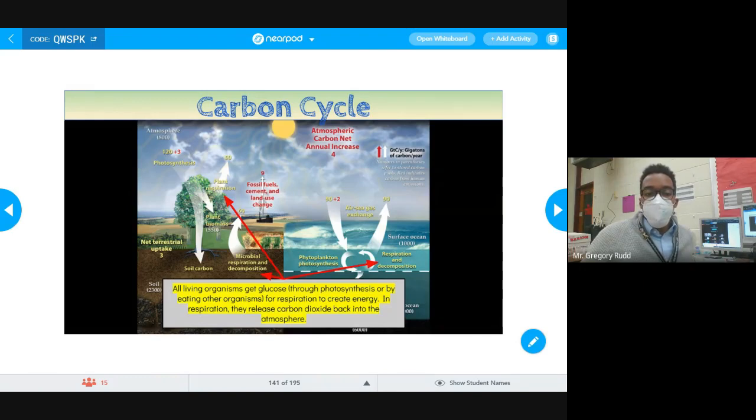Okay, so we can see that happening in this picture as well. Organisms are doing respiration and they're releasing carbon dioxide back into the atmosphere. So you could literally just write: organisms release CO2 into the atmosphere.